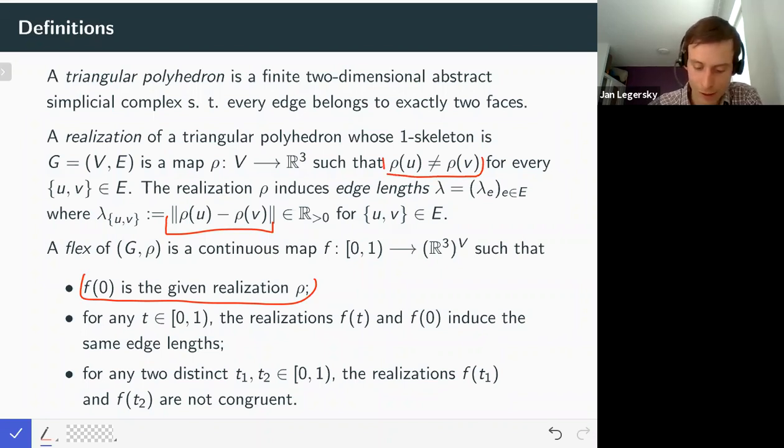I want the flex to preserve the edge lengths, so every realization in the flex has to have the same edge lengths as the starting one. In other words, it means that the faces are preserved because I have a triangular polyhedron. And the third condition is that I want something non-trivial, so the flex is not induced by a rigid motion.